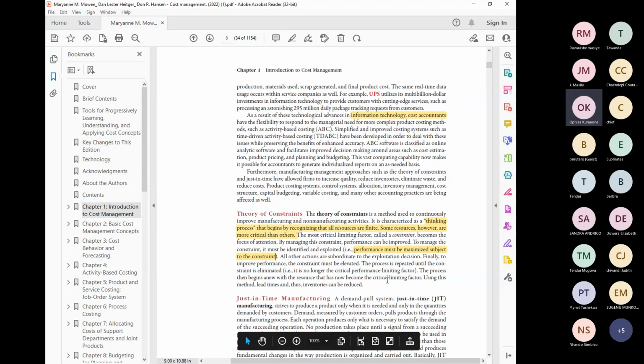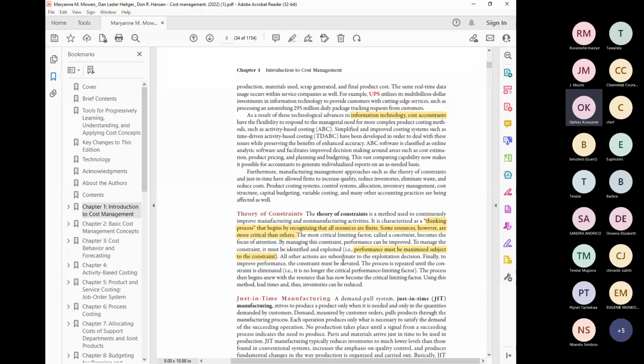So that is very critical to understand about the theory of constraints. You repeat the process until the constraint is no longer a limiting factor. That is the idea.